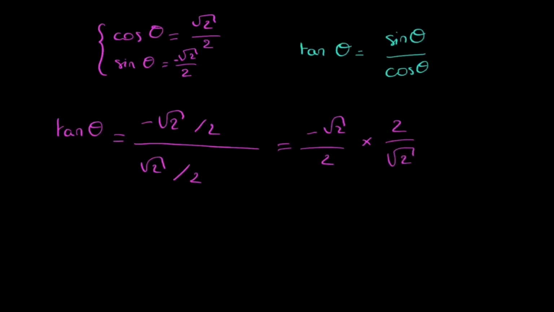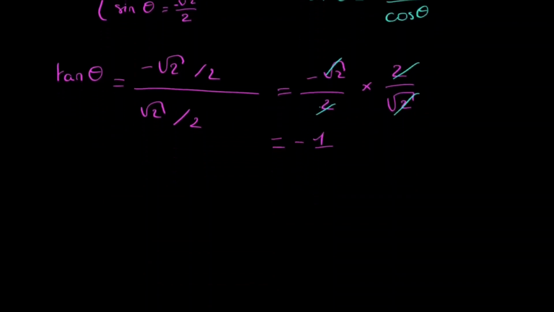And we know that root 2 over root 2 equal 1, and also that 2 over 2 equal 1. So we can cross out. And tangent theta equal minus 1.